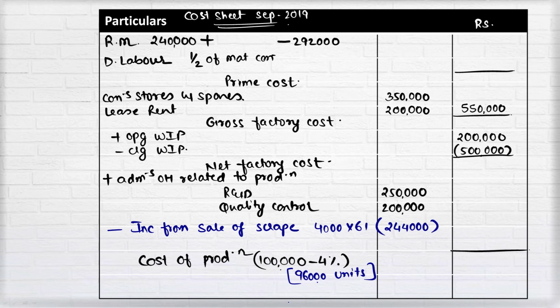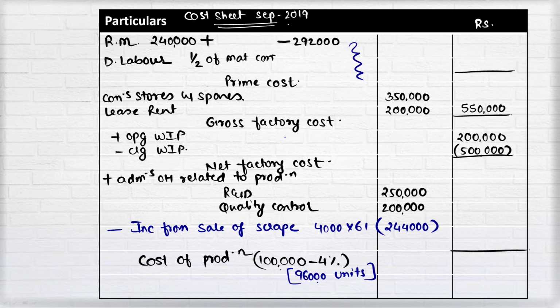And this we are doing new. Why am I reducing it from cost of production? Because it is not from raw material, it is an output. So it is a correct answer. So I have not deducted it from here, right? Agreed? That is the correct answer.